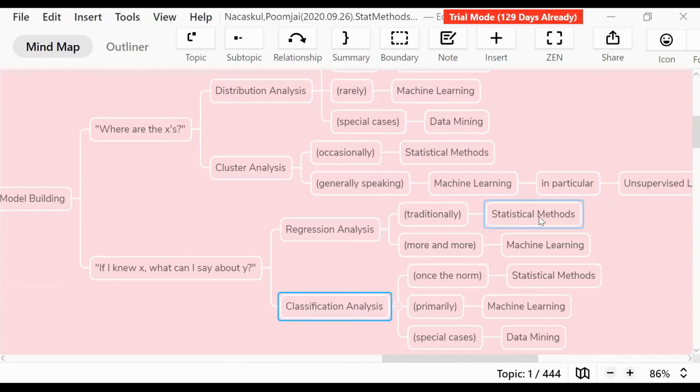A good example is my own experience. I spent a lot of my career in credit risk modeling. What's credit risk modeling? Usually some kind of loan approval, right? So it's kind of like a classification. It's a guy I'm going to lend money to and a guy I'm not.